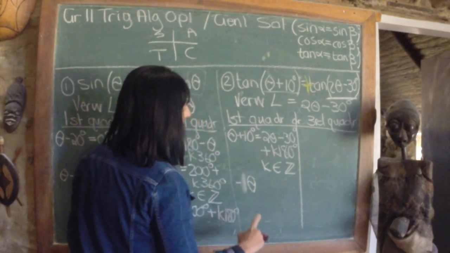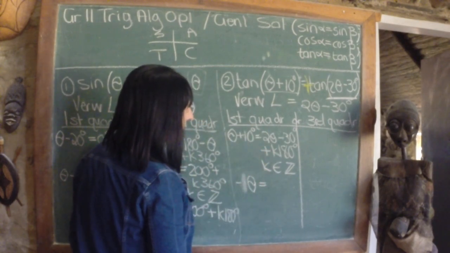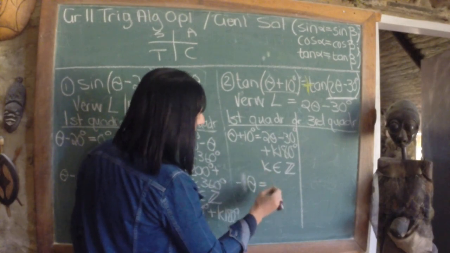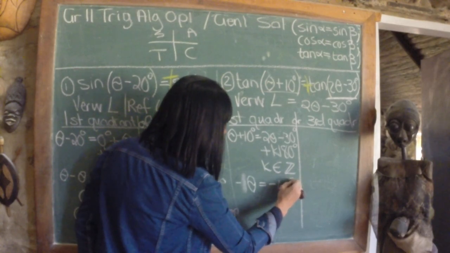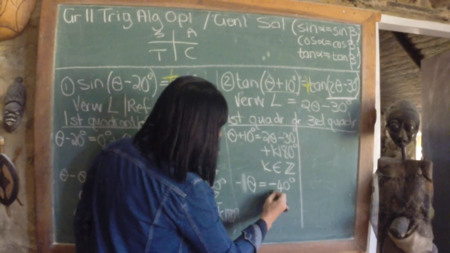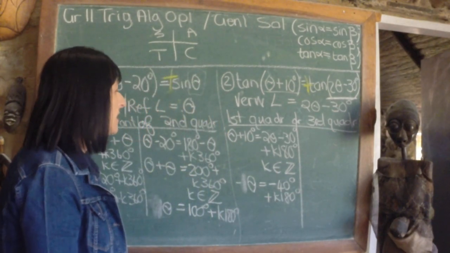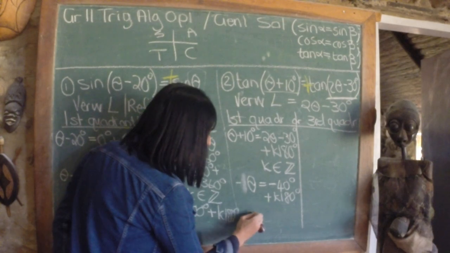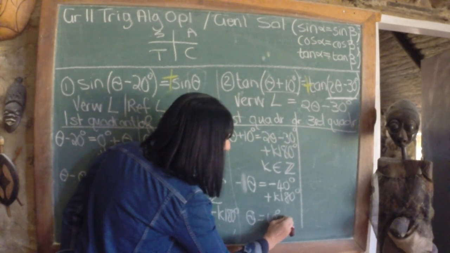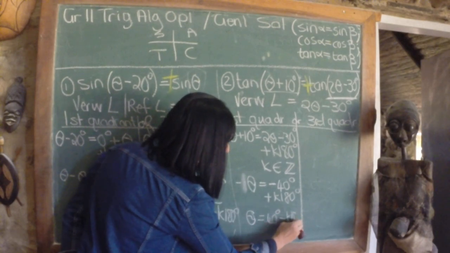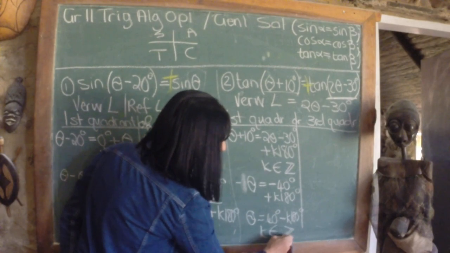Minus theta, you can leave the 1. I take the plus 10 to the other side of the equals to, it becomes a minus 10. So it's minus 40 plus k times 180. Ons wil graag vir theta alleen hê, so ons gaan deel met minus 1 orals. So theta is gelyk aan 40 grade minus k mal 180 grade, k element of z.